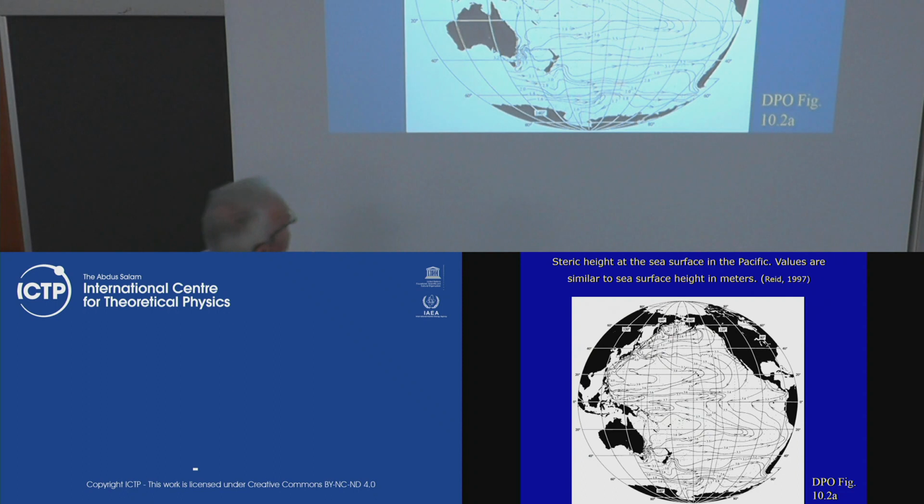Similar thing is in the Pacific. Again, the subtropical gyres, anticyclonic or cyclonic, in the northern and southern hemispheres.